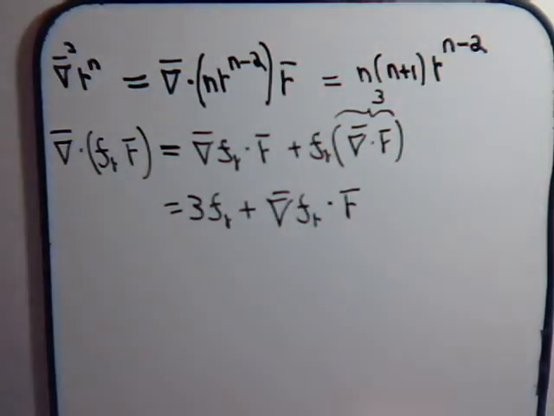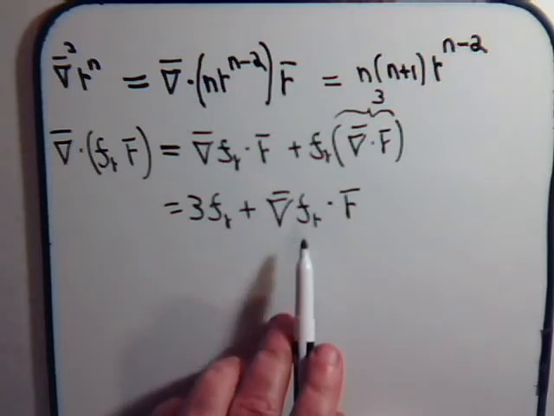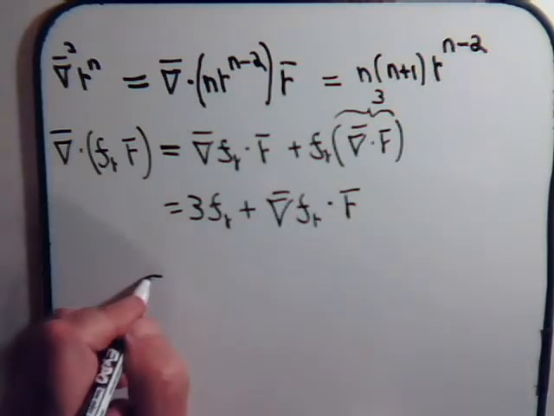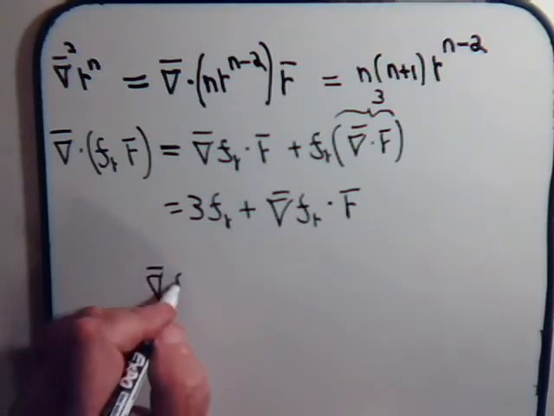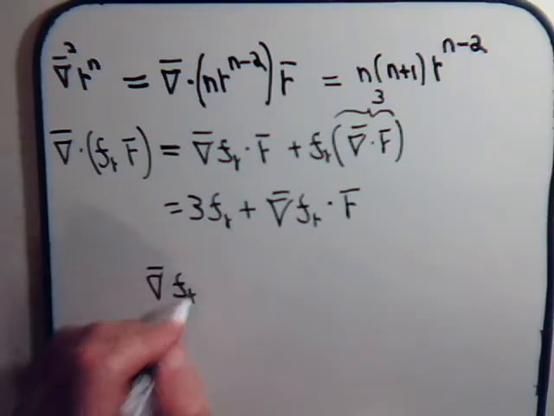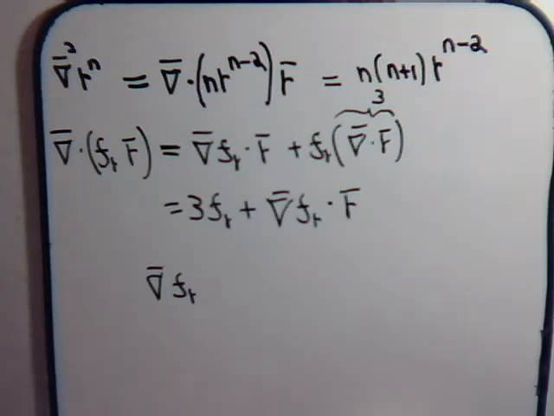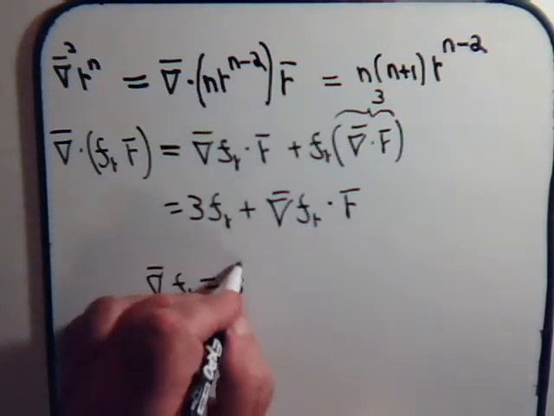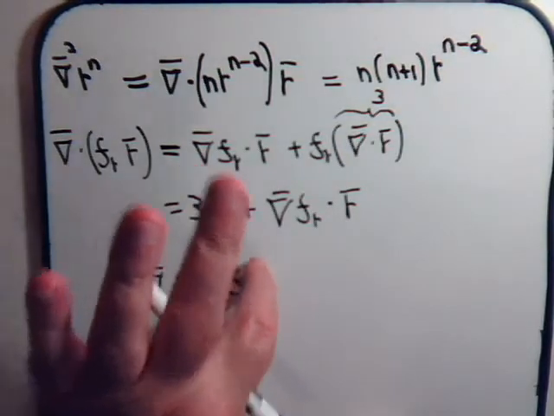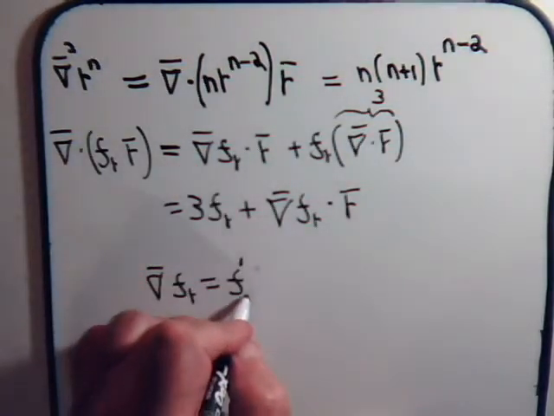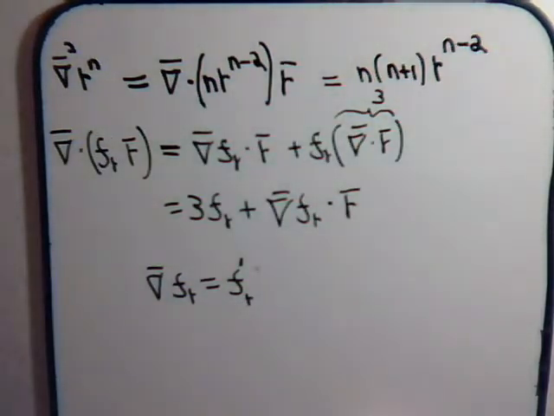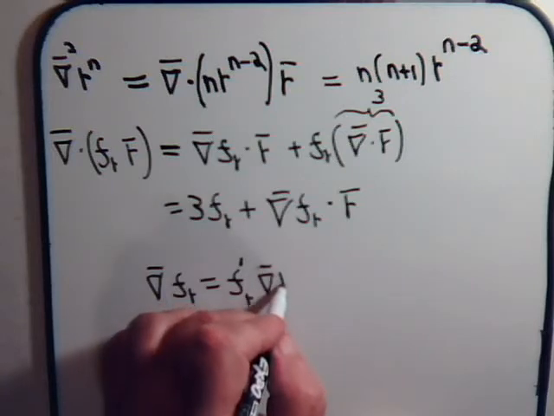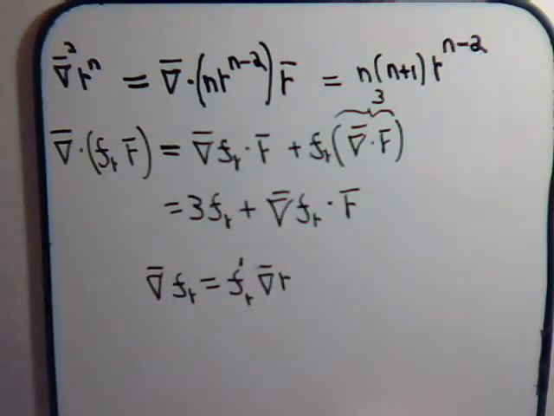And if you have watched the previous videos, hopefully you're aware that we can rewrite del operating on this scalar quantity, because the function of r is equal to the derivative of that function of r times the gradient of r.